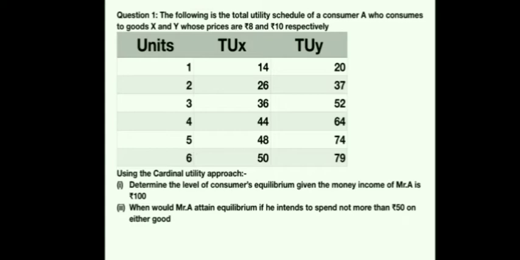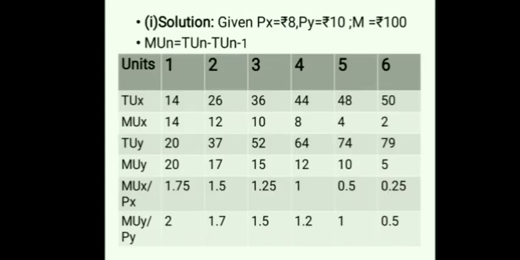The second sub question is, what will be the level of equilibrium if Mr. A intends to spend not more than rupees 50 on each good? That is, Mr. A, who earns rupees 100 as money income, doesn't want to spend more than half of his money on each good.